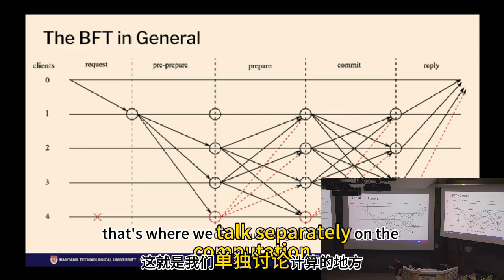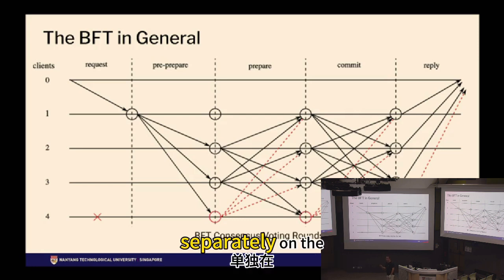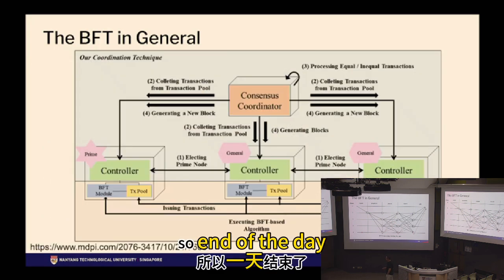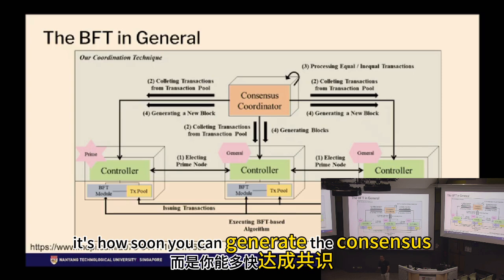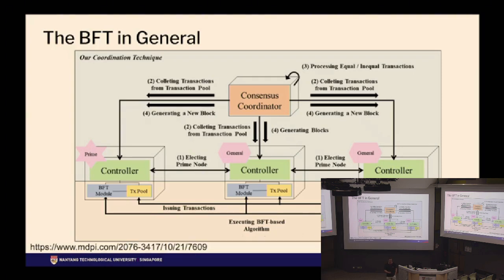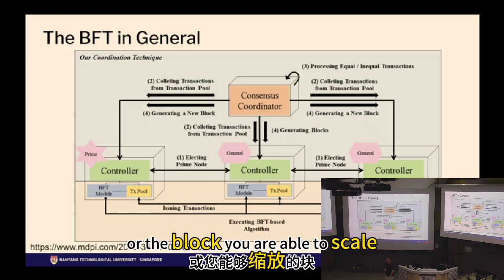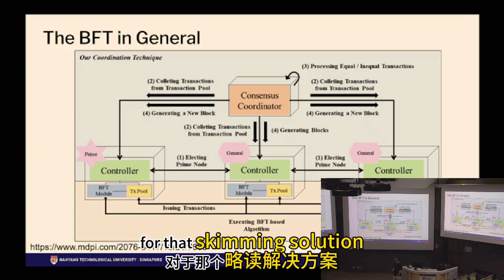That's where we talk separately about computation, separately about the DA layer, then we talk about consensus. So at the end of the day, it's how soon you can generate the consensus. Once you are able to generate blocks faster, you are able to scale for that scaling solution.